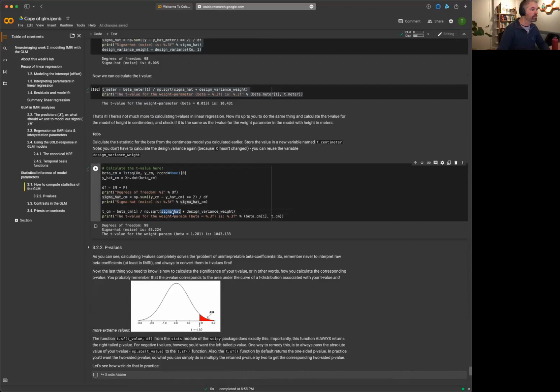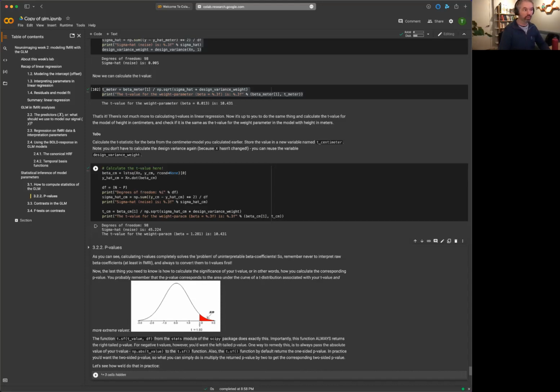And now I'm also still using sigma hat and not sigma hat centimeter there. And here we are, right? By running exactly the same analysis, but now performing calculation through t-statistics, which is based on the amount of variance that you explain versus the amount of variance that you don't explain, you are stable in terms of your statistics.